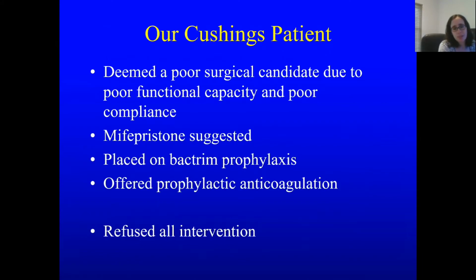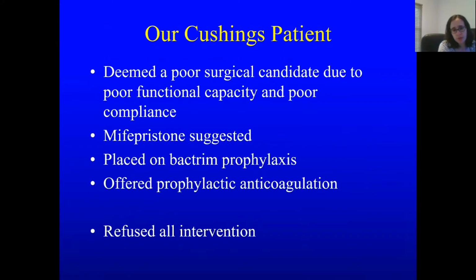She ended up just refusing everything. We put her on Bactrim, which you often do in Cushing's patients because they're at increased risk for PJP. These Cushing's patients are also at risk for DVTs, so we should think about prophylactically anticoagulating them.